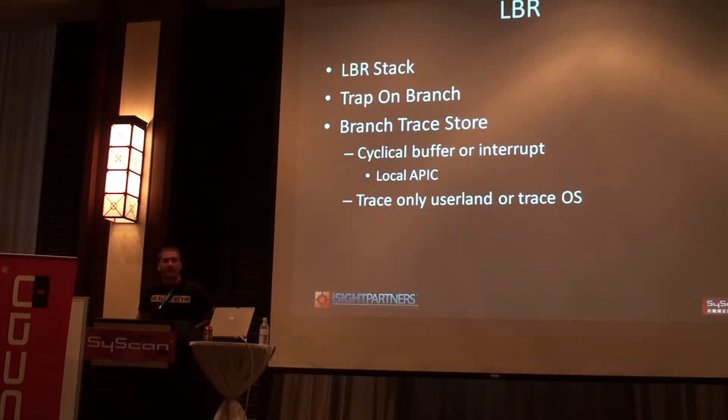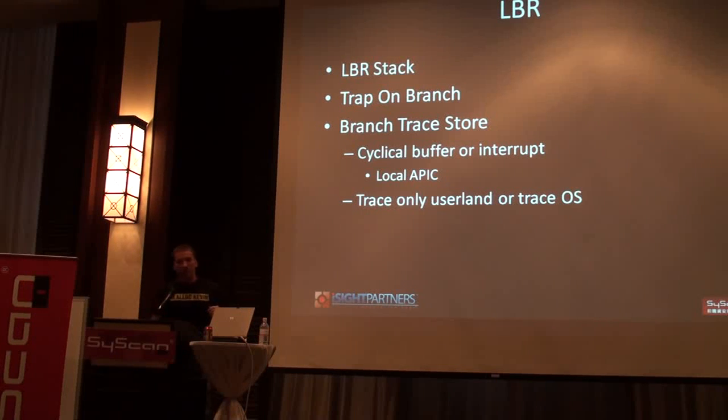In that sense, data might be lost, which is unacceptable because we want accurate run traces of whole program execution. So there's an interrupt-based option that they provide, which will trigger a counter overflow when the buffer is getting full, which is great because that's essentially a callback. I can register an interrupt handler, and when the buffer is almost full, I can then copy data out of the buffer with the local interrupt controller.